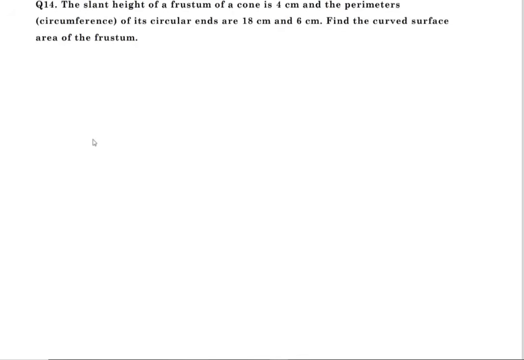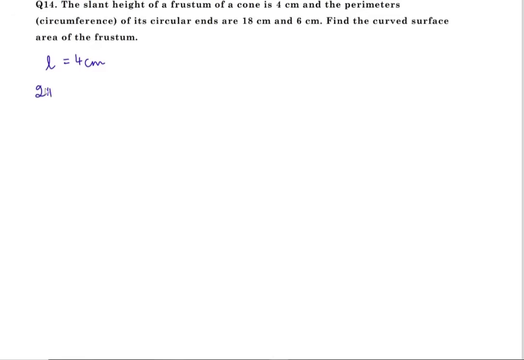The slant height of a frustum of cone is 4 centimeter. It is not height, it is slant height, that is L equals 4 centimeter. Given slant height is 4 centimeter and the perimeters of its circular ends are 18 centimeter and 6 centimeter. What is perimeter?